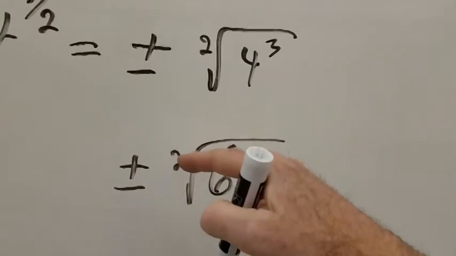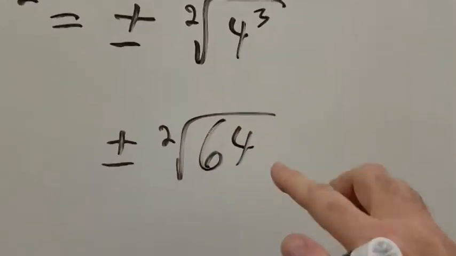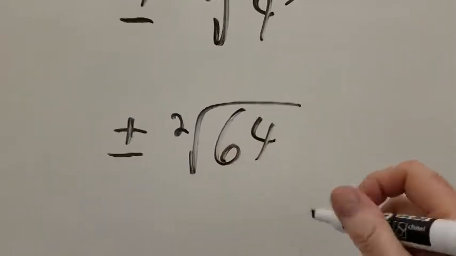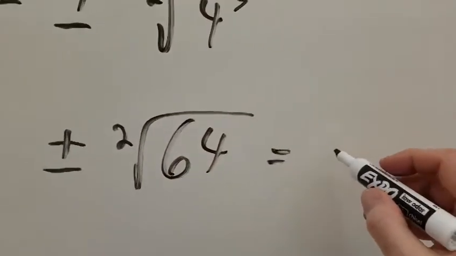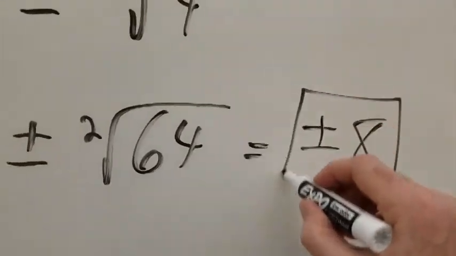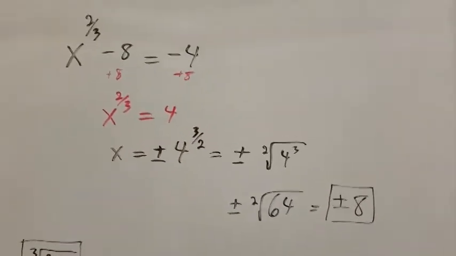Now you don't need to put a 2 there really, because that just is the square root. It's not a cube root, just like a square root. But same thing. What is the square root of 64? Well, it's 8, right? You got a plus or minus 8. And you're finished with, see, this one does simplify out a little bit further. And you're finished with that one.